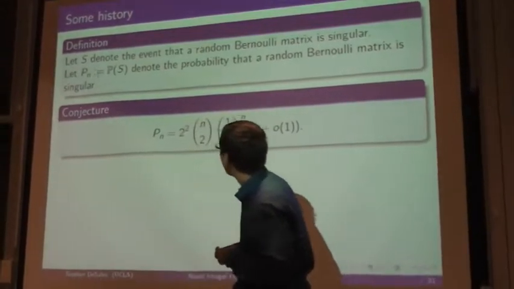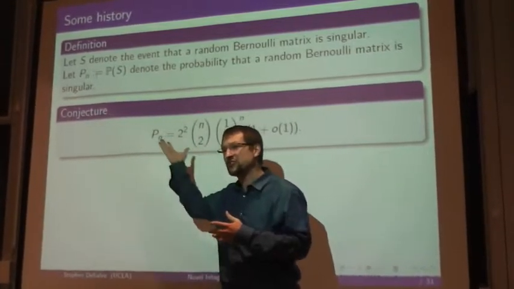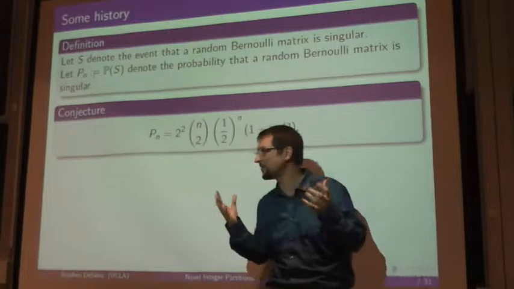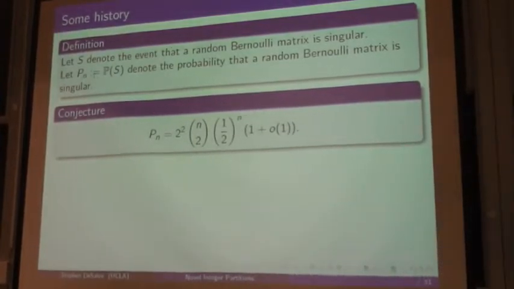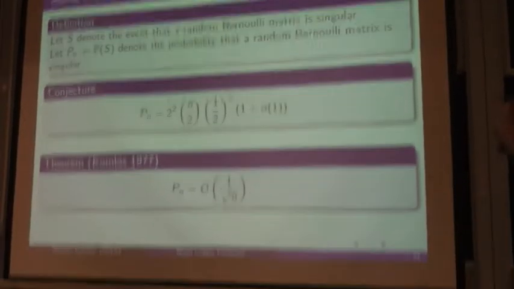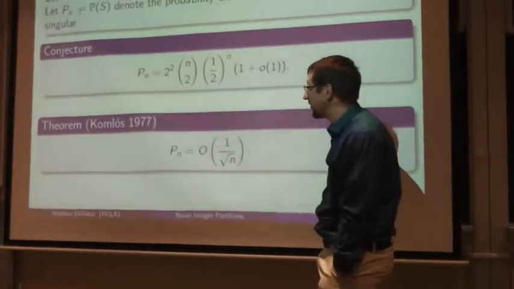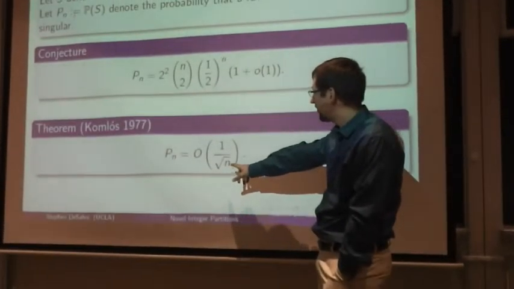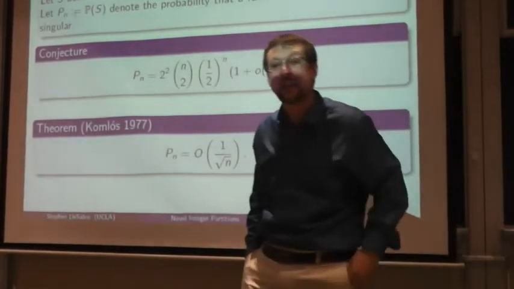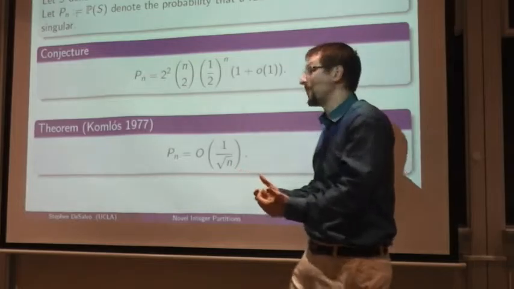And I actually don't know who to attribute the conjecture to. Some papers say it's Erdős, some people say it's folklore. It's a very long-standing open problem, and some very important people worked on it, like Komlós, who got the first result, as far as I can tell, which says that the probability even tends to 0.